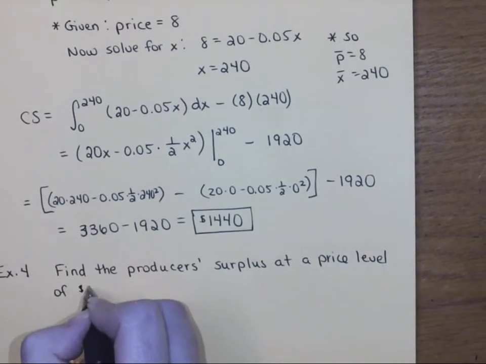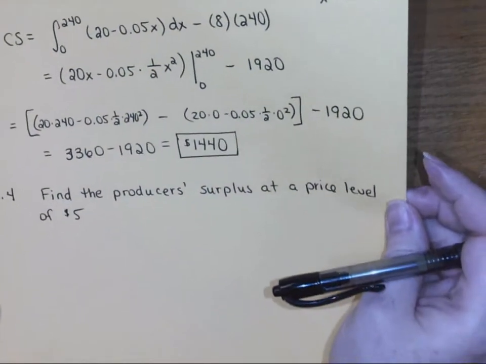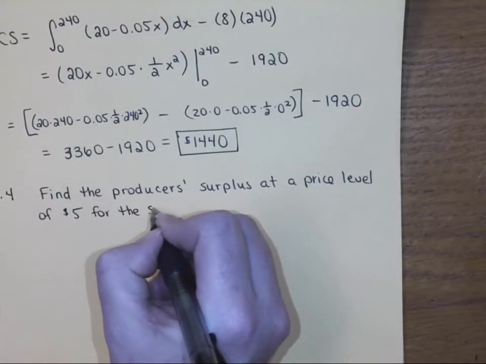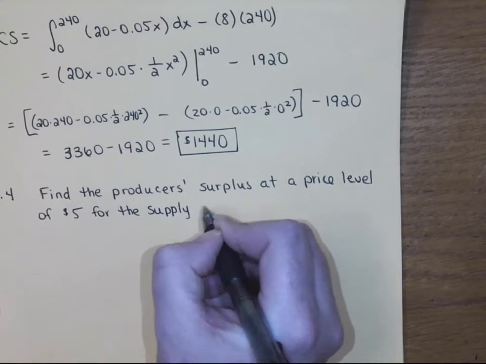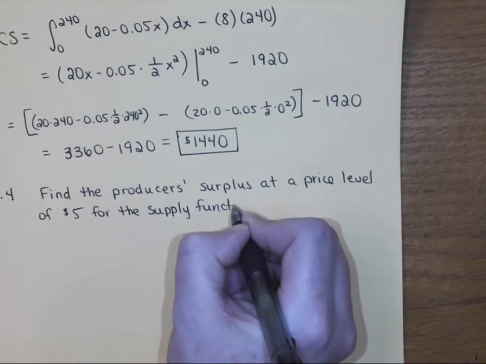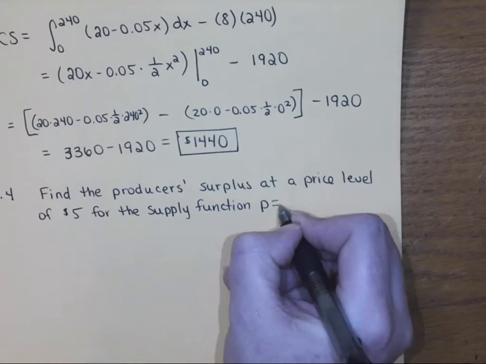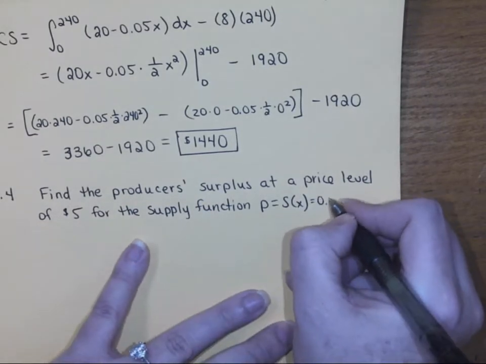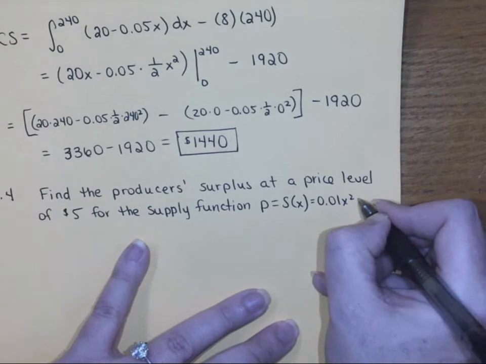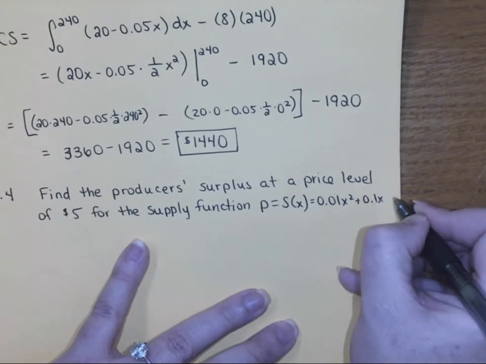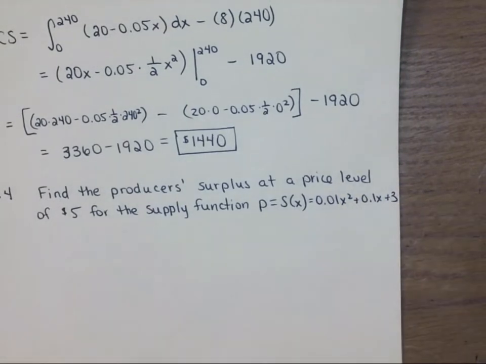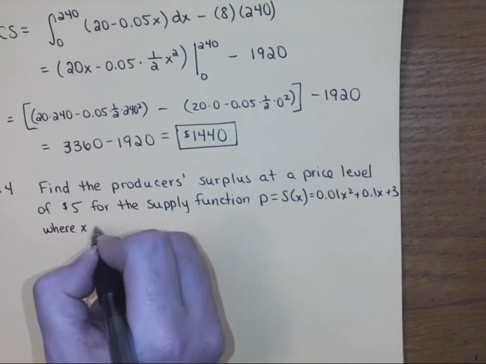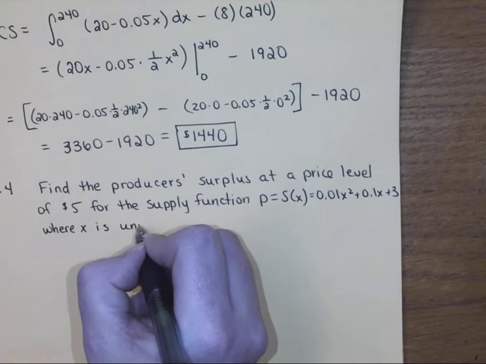All right, so find the producer surplus at a price level of $5 for the supply function P equals 0.01x squared plus 0.1x plus 3, where x is units of 1,000.